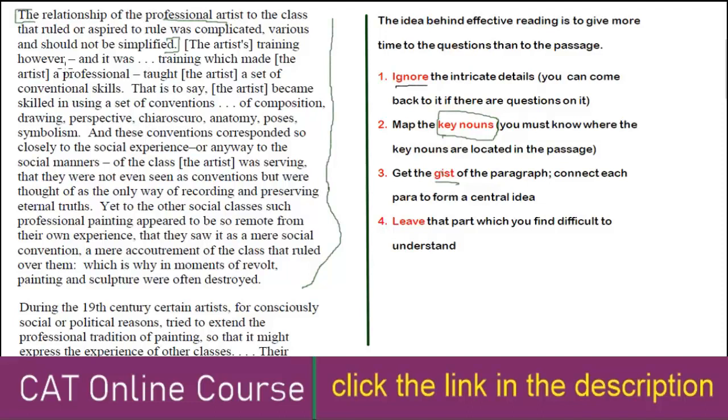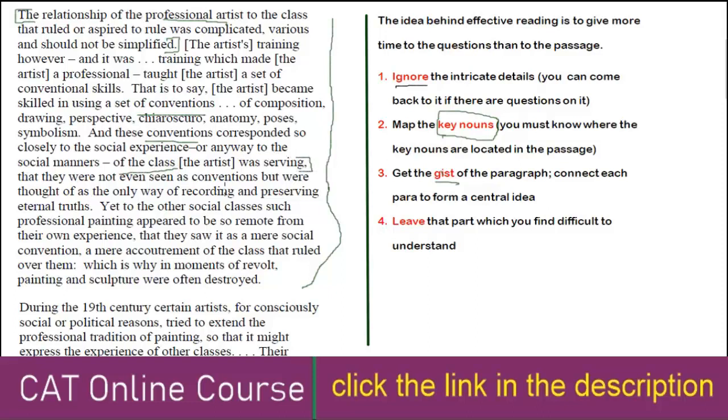The artist's training, however, which made the artist a professional, taught a set of conventional skills. That is to say, the artist became skilled in using a set of conventions of composition, drawing, perspective, etc. And these conventions corresponded so closely to the social experience or the social manners of the class the artist was serving, right?